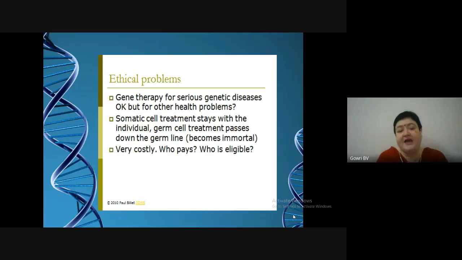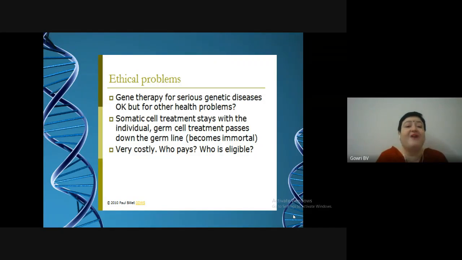Imagine I can treat a mother's egg with the normal form of a gene and give a newborn a healthy counterpart of the gene. The same treatment can be used to create a criminal too, to change a person's mentality and make him born that way, because all genes are physically expressed. So somatic cell treatment for treating an individual's disease, fine, but germline therapy passes to generations, so it remains immortal. Are we going to select that?